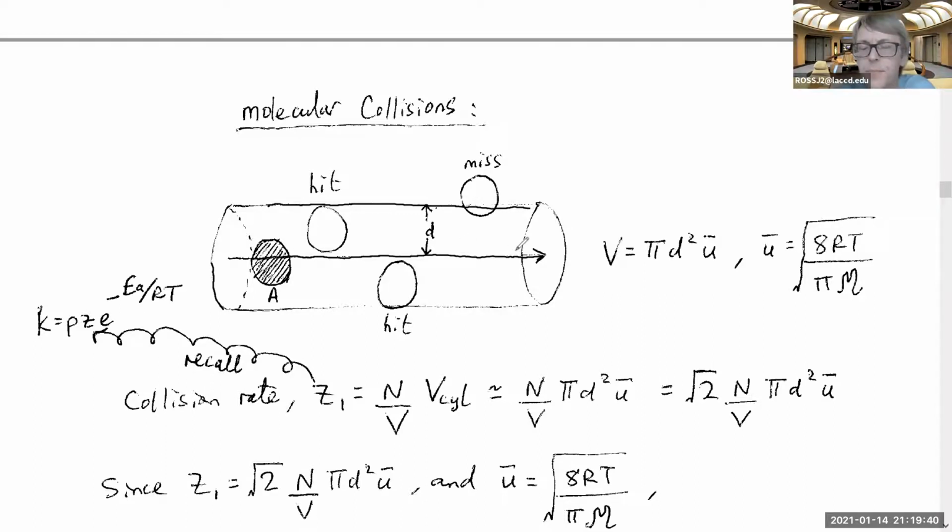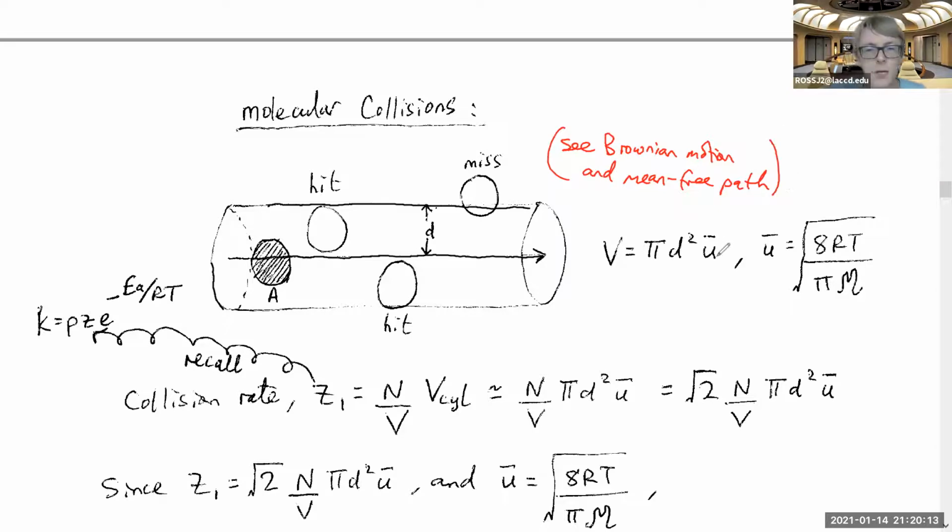We know from our discussion, or hopefully from your background in Brownian motion and mean free path, that I'll have other videos on Brownian motion and mean free path.